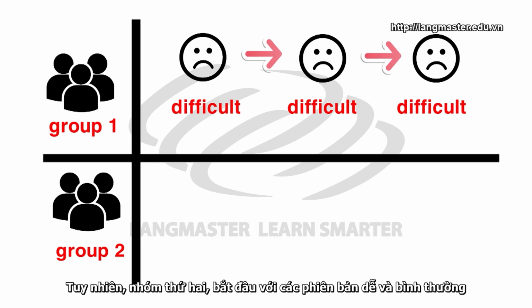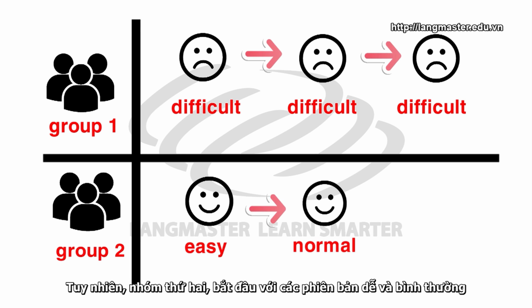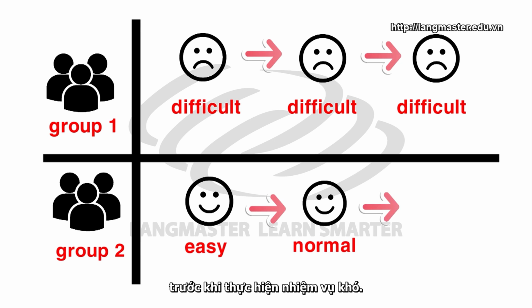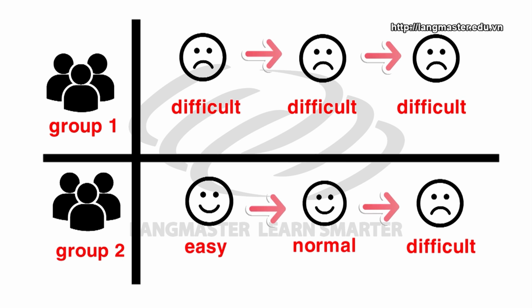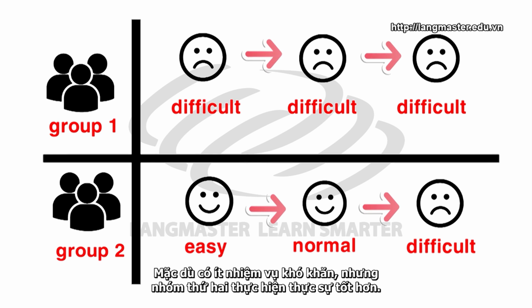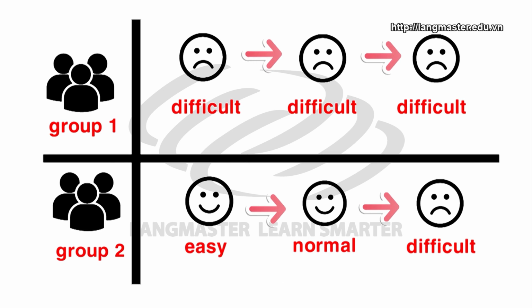The second group, however, started with the easy and normal versions first before performing the difficult version. The researchers wanted to know which group would perform the difficult version better. So what was the result? Well, despite having less training with the difficult version, the second group actually performed better.